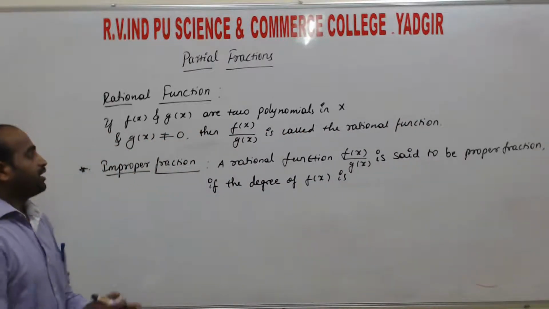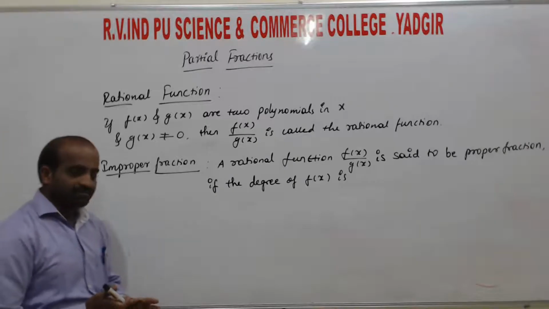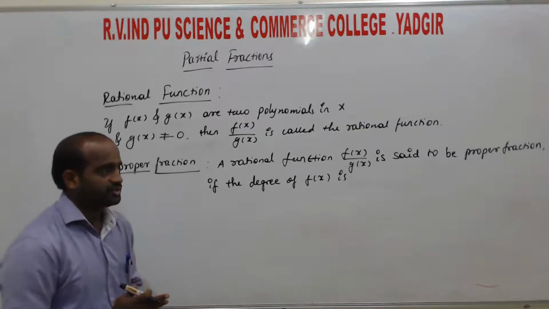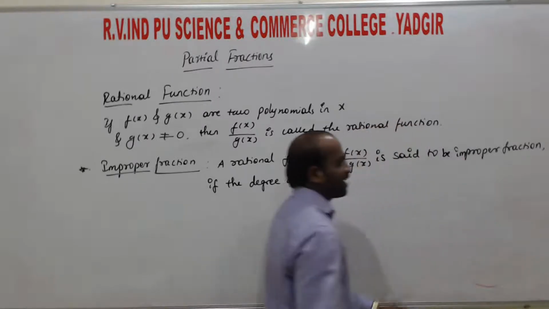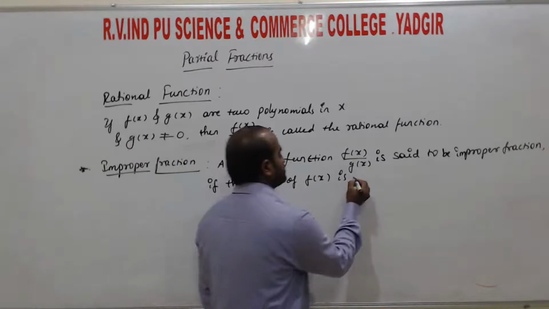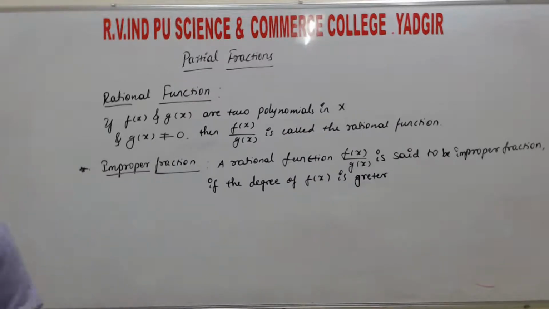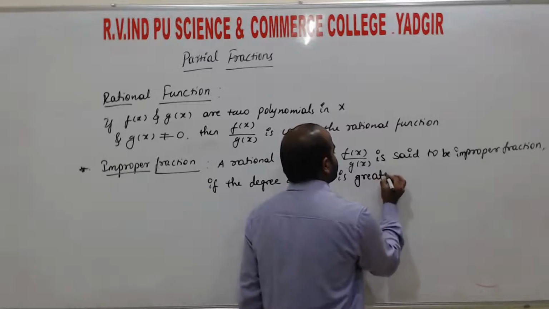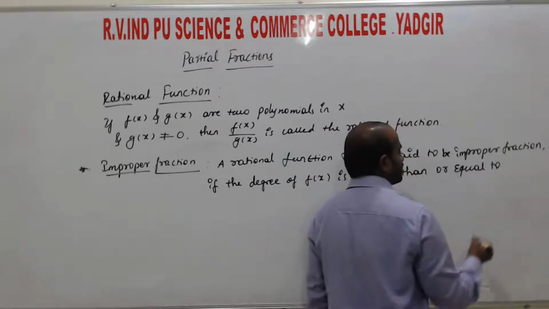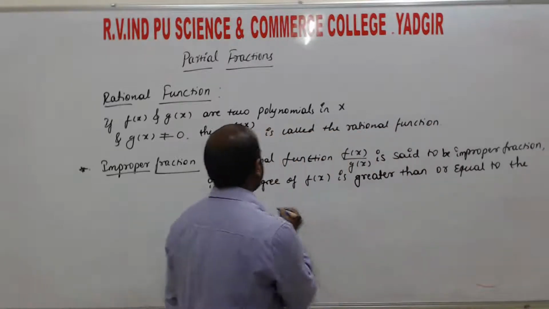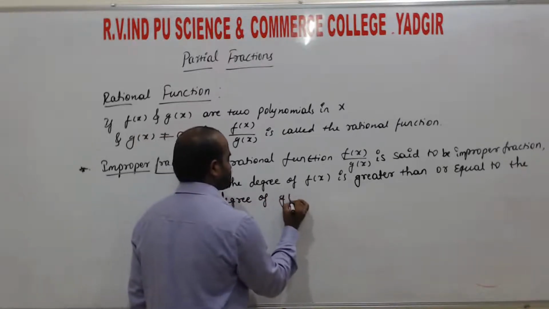Improper fraction. A rational function f of x by g of x is said to be an improper fraction if the degree of f of x is greater than or equal to the degree of g of x.